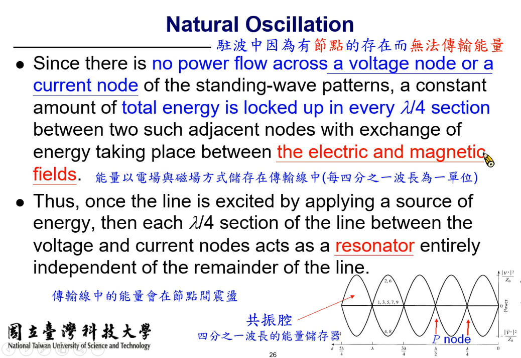And the energy stored within the transmission line must continuously alternate between electrical field form and magnetic field form, so that they can last on the transmission line. So therefore, the quarter wavelength section on the transmission line can be viewed as a resonator, or a resonating cavity or something like that.